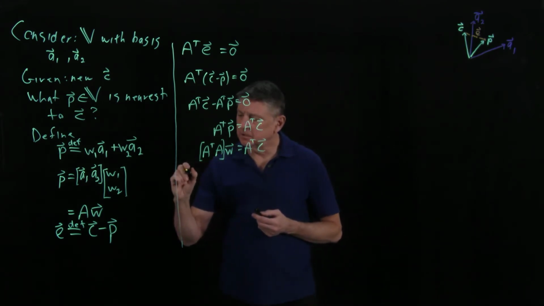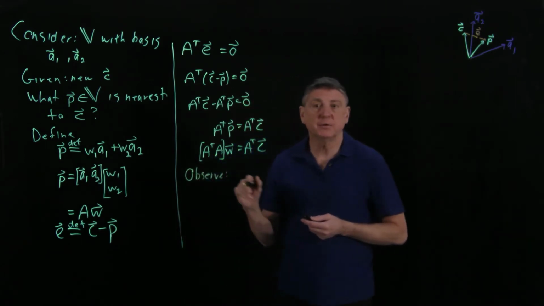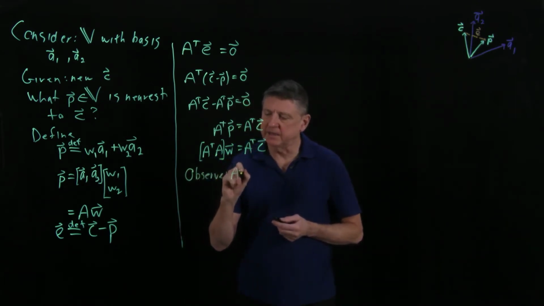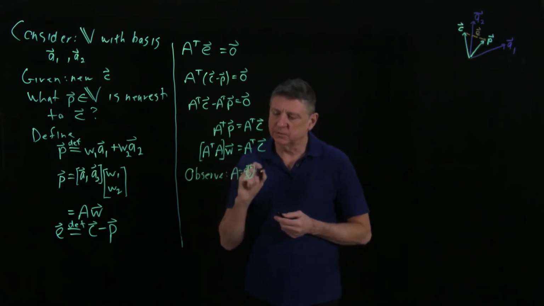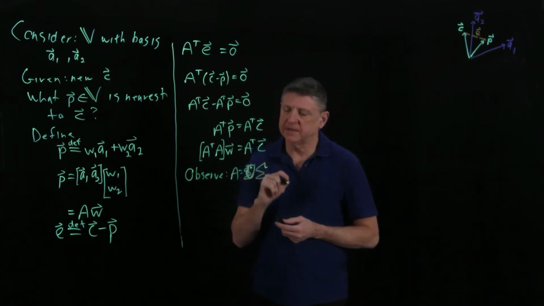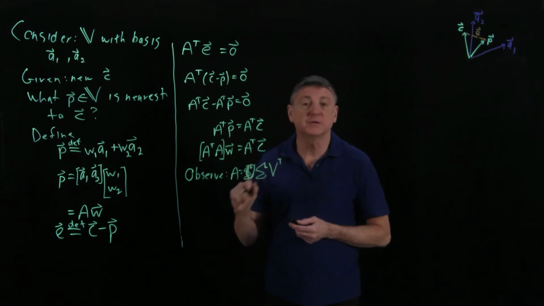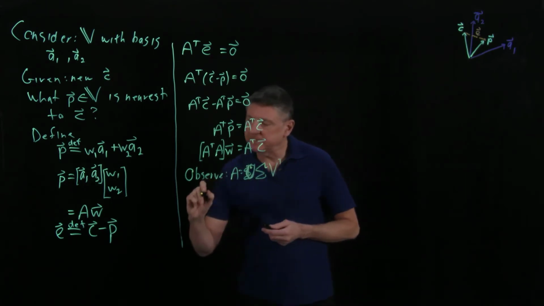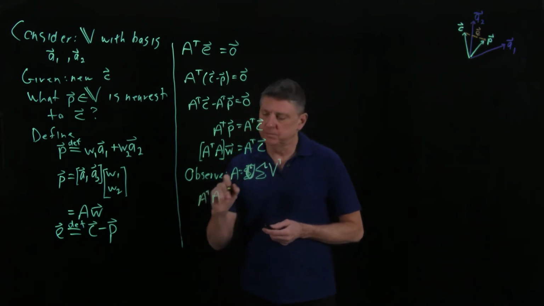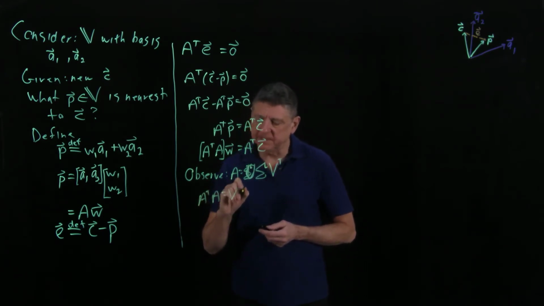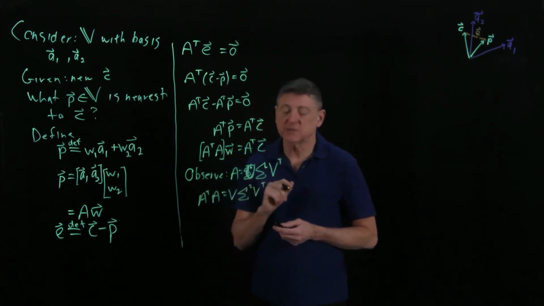So let's observe that from the singular value decomposition, I can write A as an orthogonal matrix U times a singular value matrix times an orthogonal matrix V transpose. And that means that A transpose A, when I work this through, has to equal V times sigma squared times V transpose.